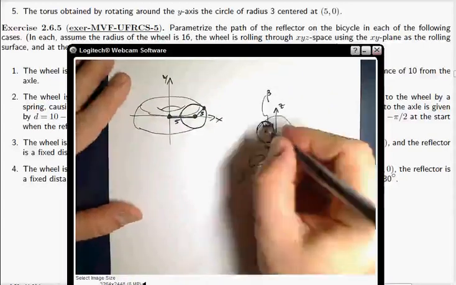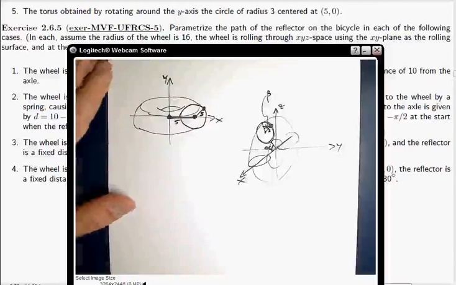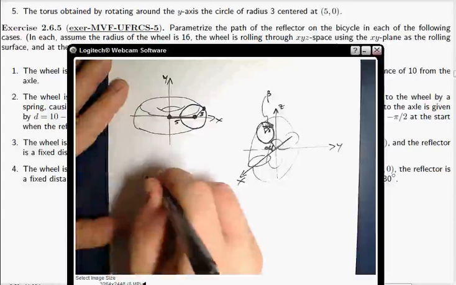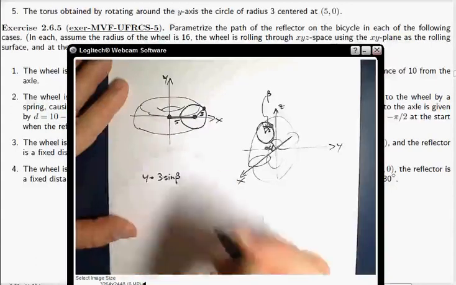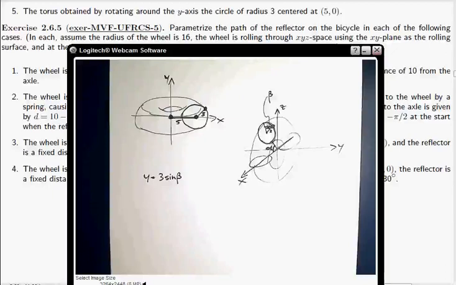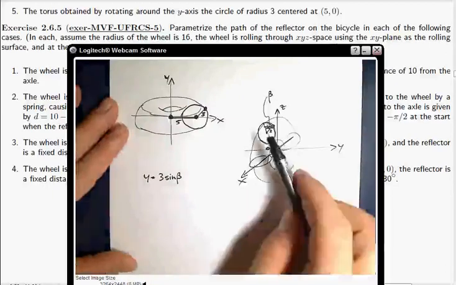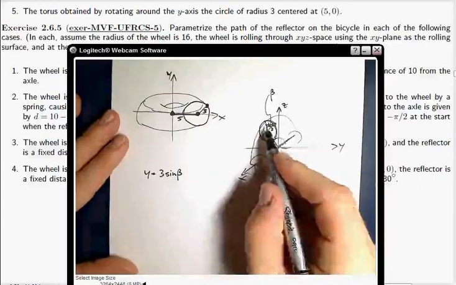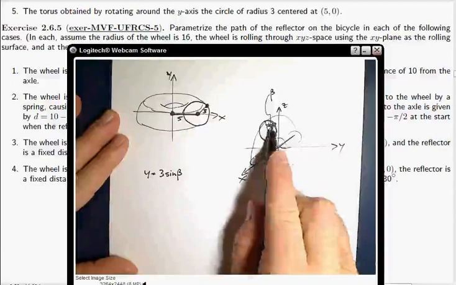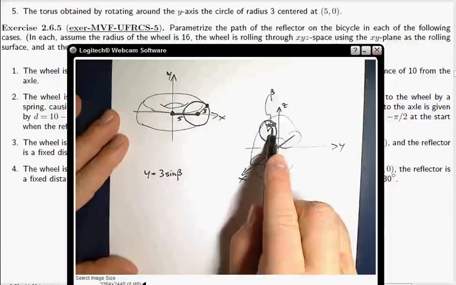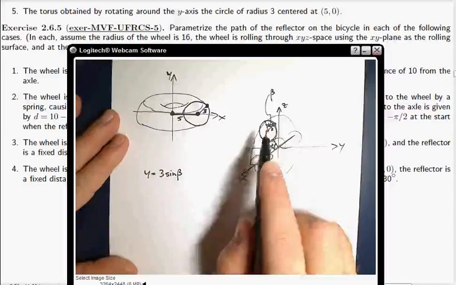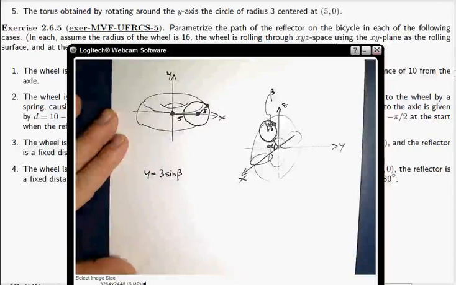That's just going to be 3 sine beta, because I want the component that's going that way. Based on the way beta is defined, it's the angle off of the XZ plane. So that distance is 3, that radius, times the sine of that angle. Okay, that one was easy.